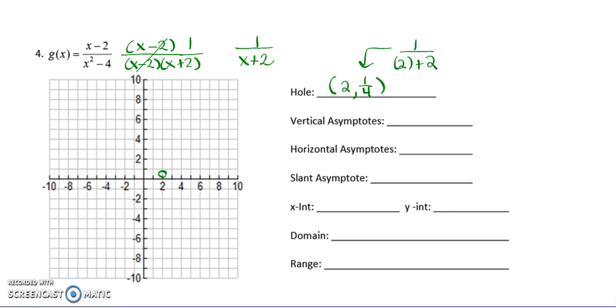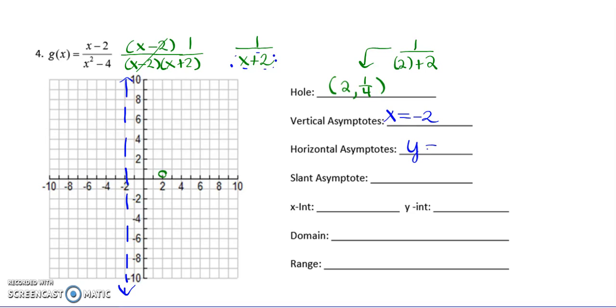Now my vertical asymptote is what's left in the denominator. So x equals negative 2. That comes from what's left, remember. So vertical asymptote at negative 2. Now check this out. You can look at the original function, it makes it a little bit easier. Our degree in the denominator is greater than the numerator.